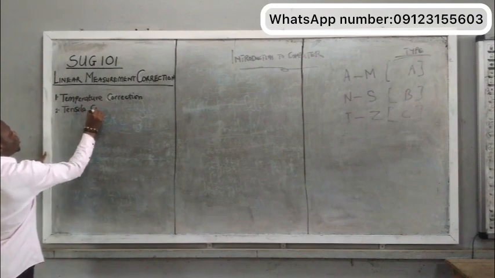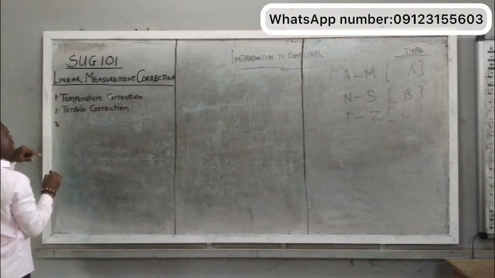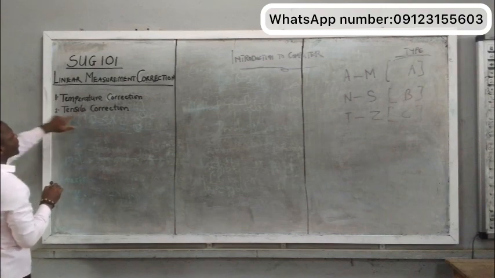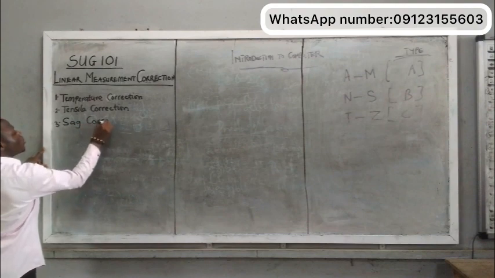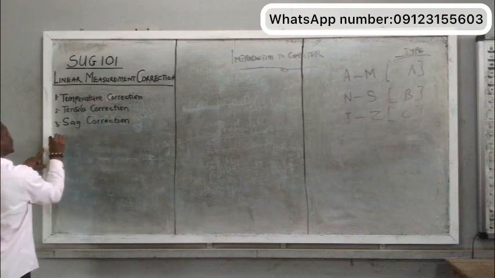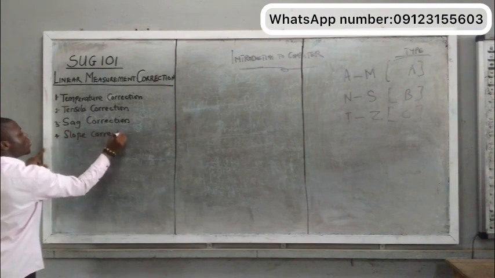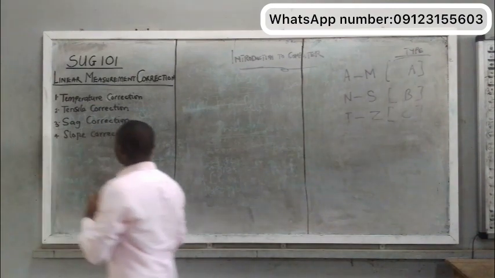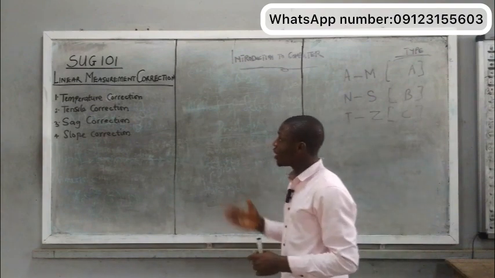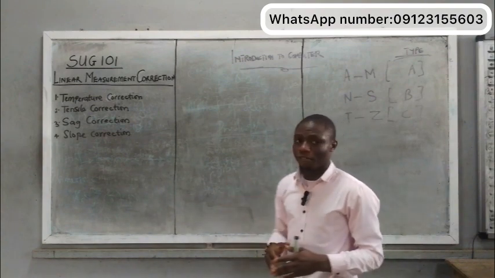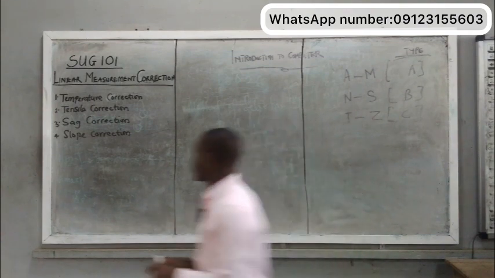Number 3, we have sag correction, and finally we have slope correction. These are the 4 main types of correction that have to do with linear measurement correction. Let's take the first one, called temperature correction, and see the concept behind it.